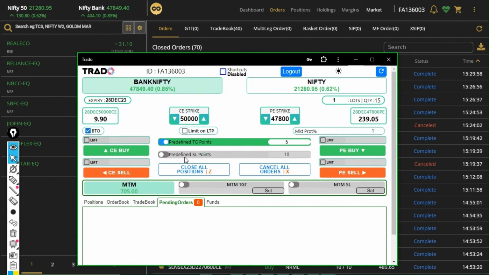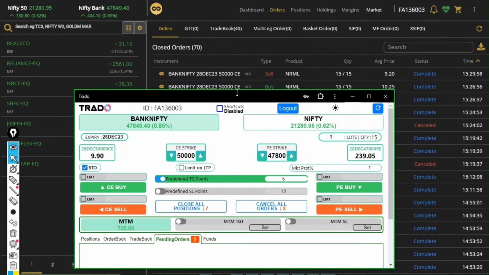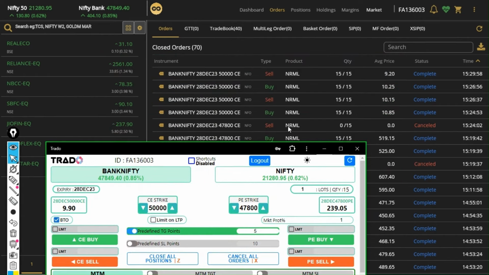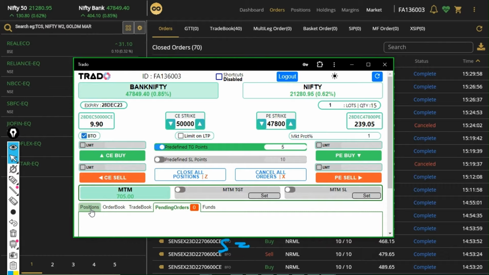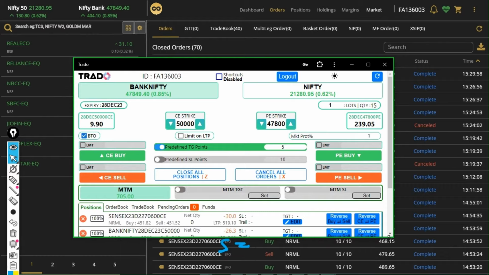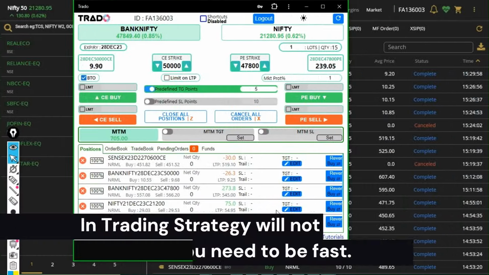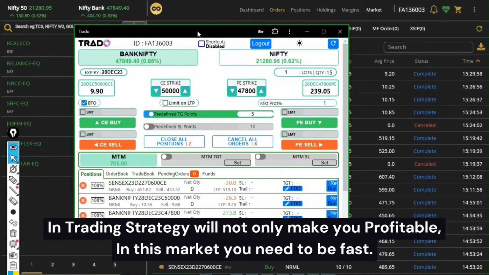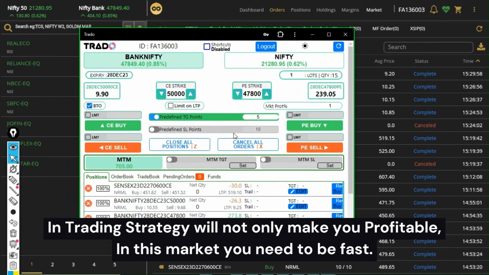It's very easy and fast, and always verify these orders from your broker terminal also. Like this you can make your trading faster and more efficient. See, in trading, if your strategy is giving you profits, that's okay.